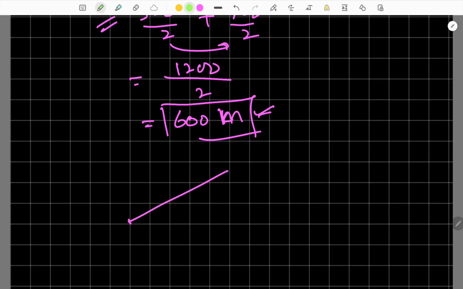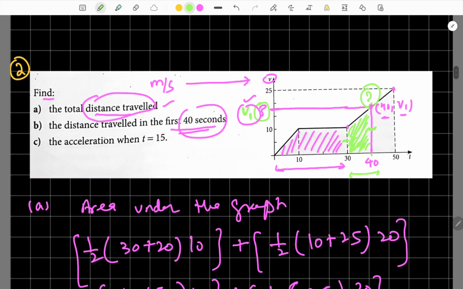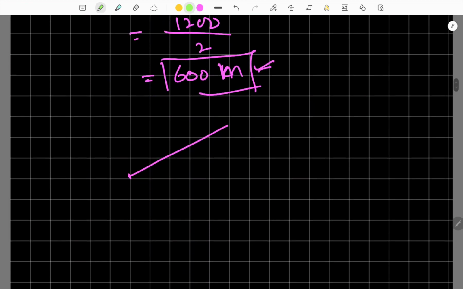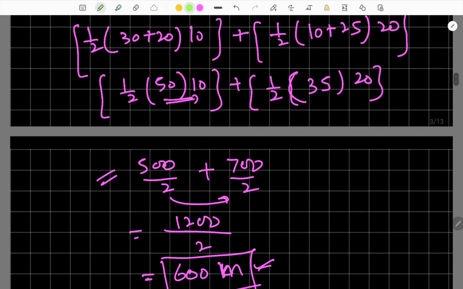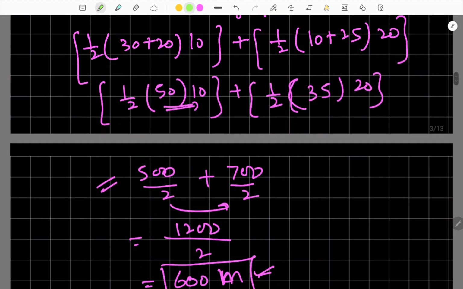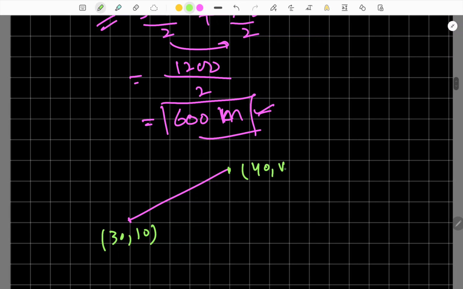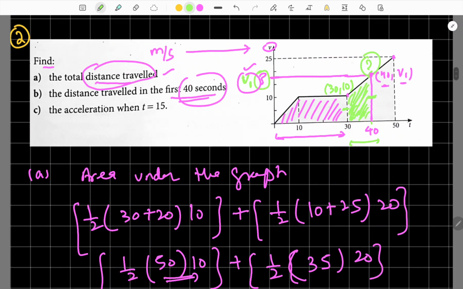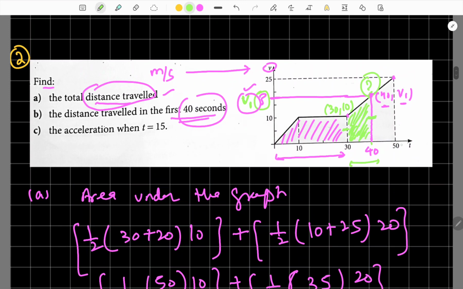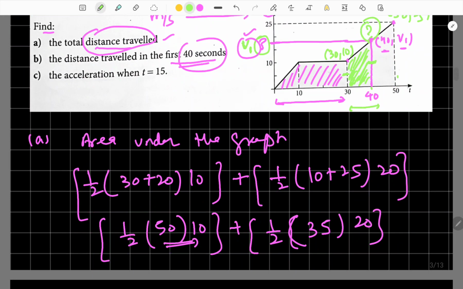So बेटा इस point के coordinates हैं, first the x coordinate 30 and 10. इसमें कोई doubt? And the other point, the coordinates we've written 40 and v1, right? And the end point के coordinates है 50 and 25. 50 and 25, right?